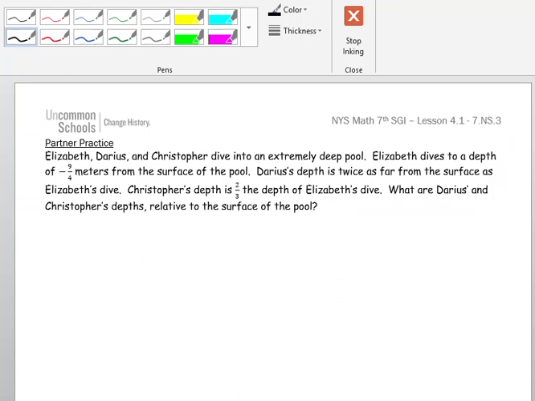Elizabeth, Darius, and Christopher dive into an extremely deep pool.